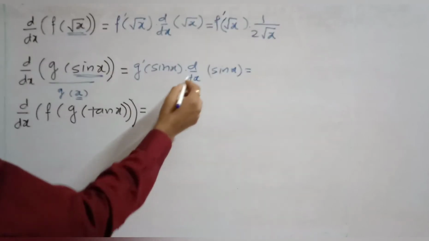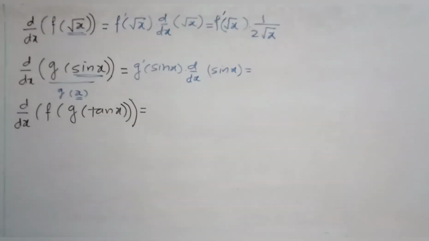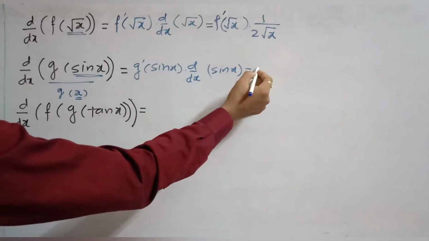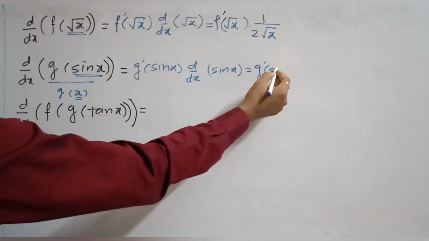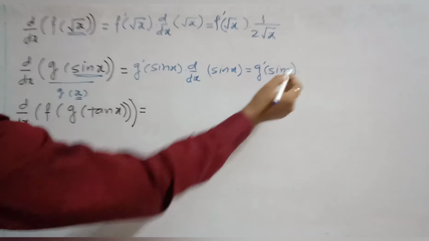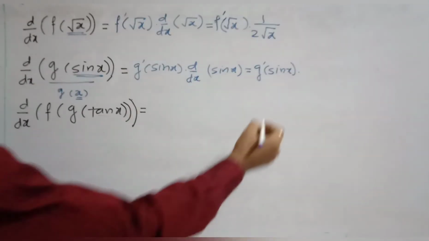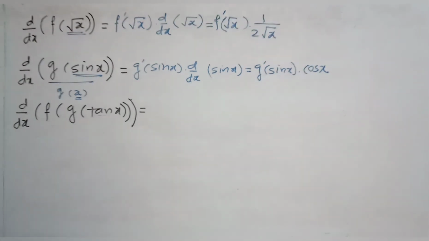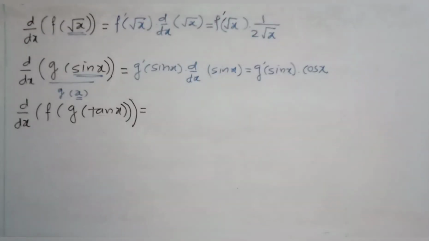And in the next step, d by dx of sin x is cos x, so g dash sin x into cos x.